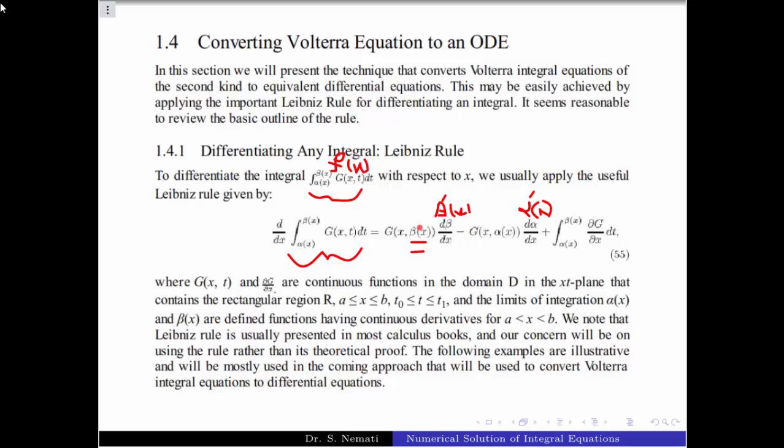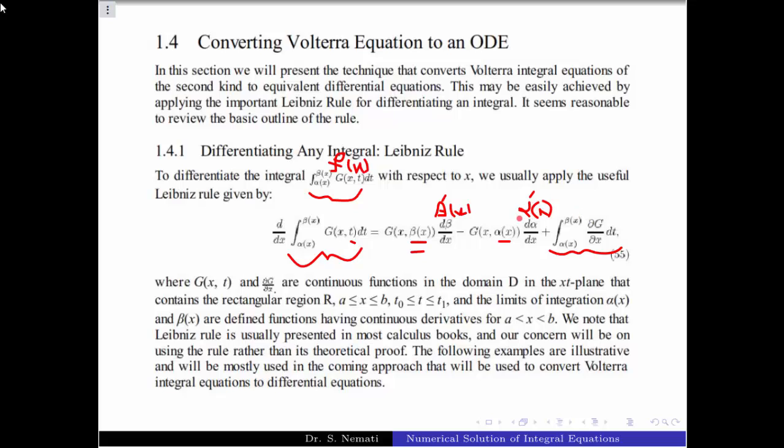Here we have the upper bound instead of t. Here we have the lower bound instead of t. And the final part is the integral of partial derivative of g with respect to x in direction t from alpha of x to beta of x.